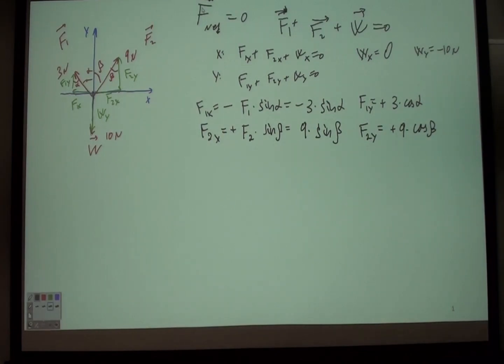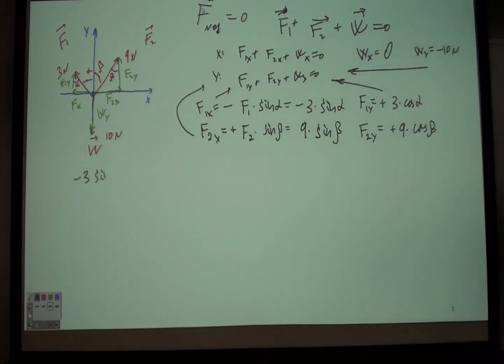Alright, now we can just use everything in these equations. Use means plug it in, substitute expressions, and what do we have? Negative 3 sine alpha plus 9 sine beta plus 0 equals 0.